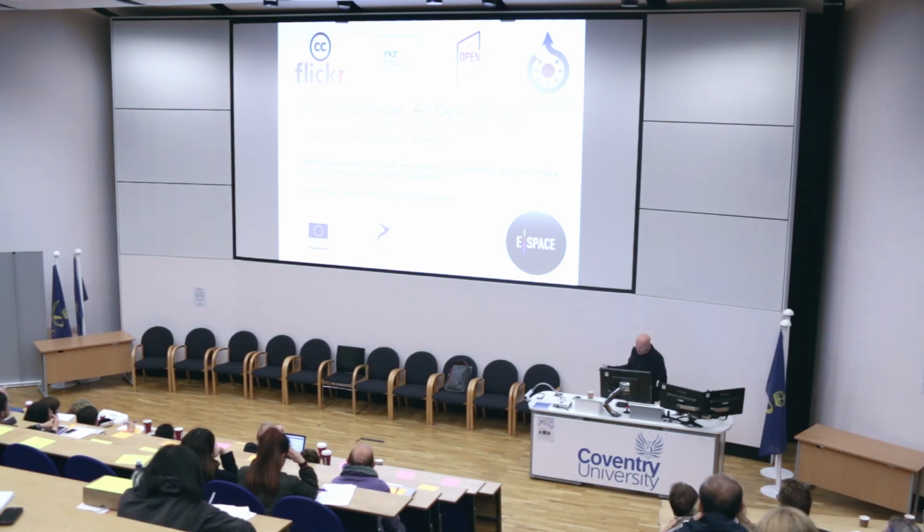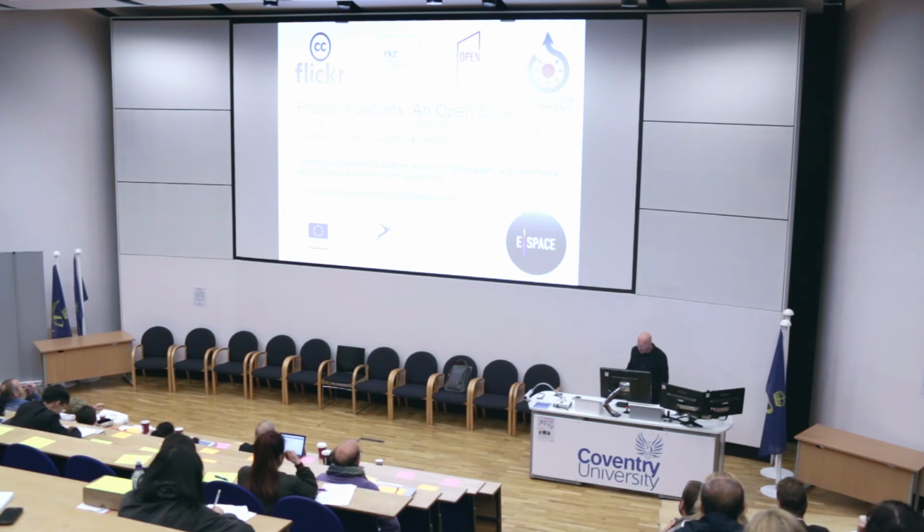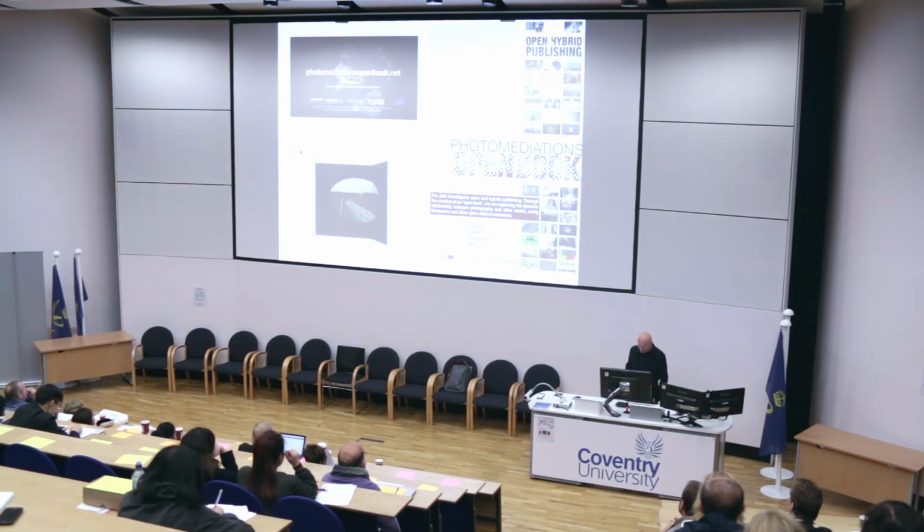To just provide some more examples, as a follow-up to Living Books, we developed an interactive photographic encyclopedia for Europeana Space called Photomediations, an open book. And the idea of Photomediations was to redesign a coffee table book as an online experience, one that explores the dynamic relationship between photography and other areas of the arts and humanities.